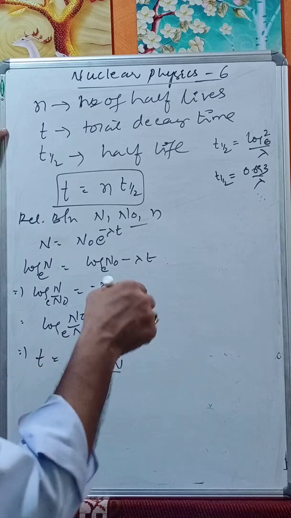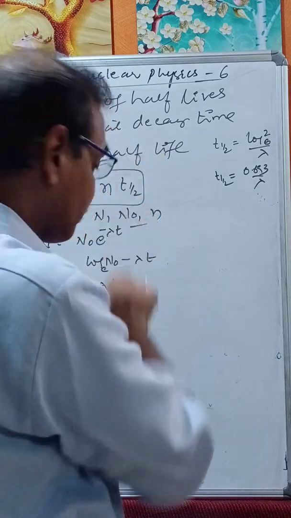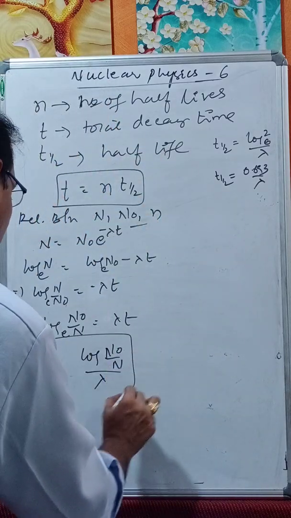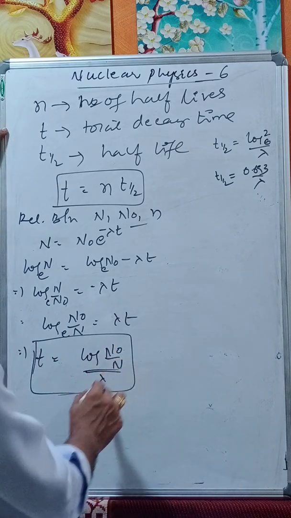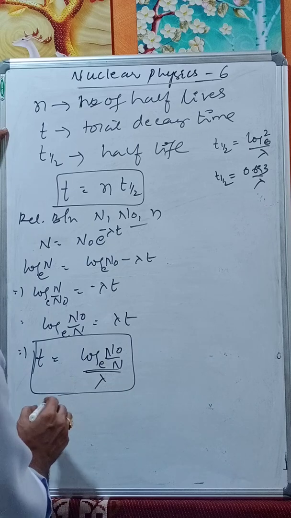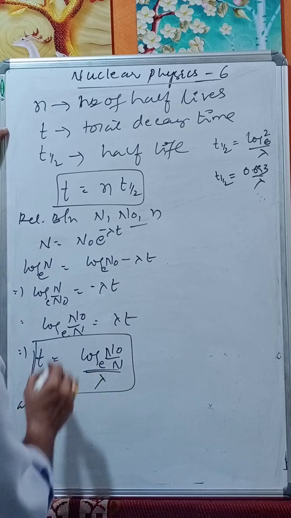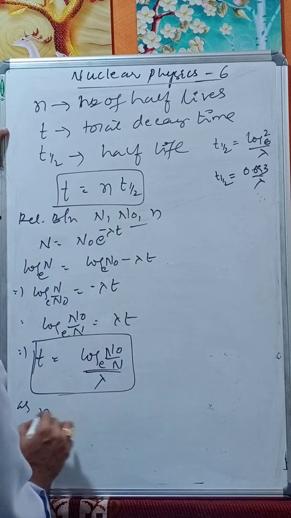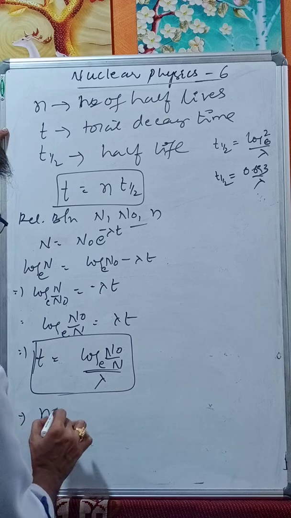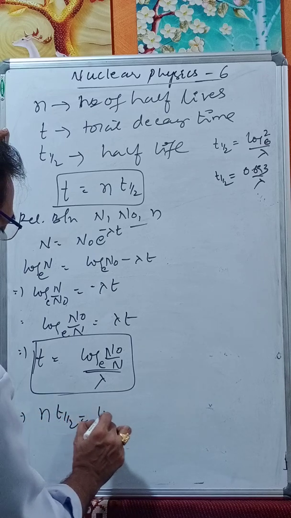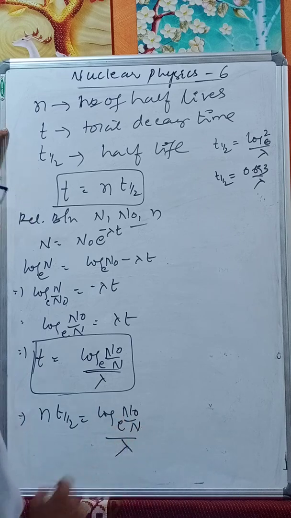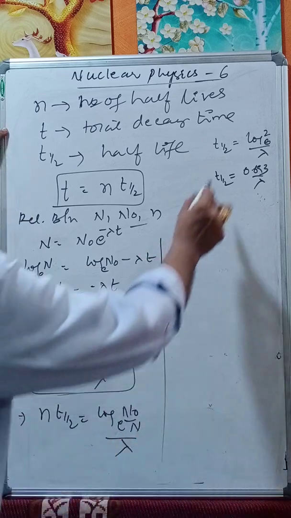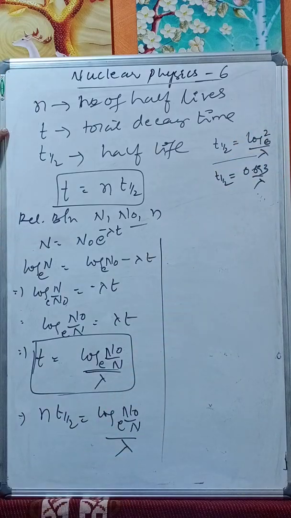This I have derived and given as equation 1 in the previous class. T is equal to log n naught by n by lambda, and T is equal to n t half. This implies n into T half is equal to log n naught by n to the base e by lambda. But again, T half is equal to log 2 to the base e by lambda.